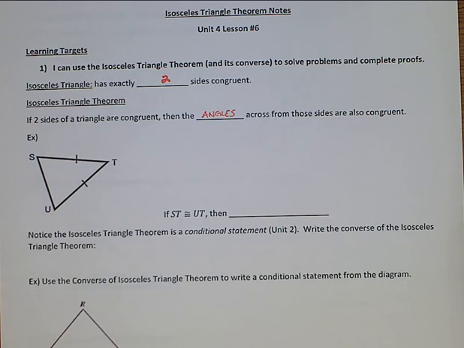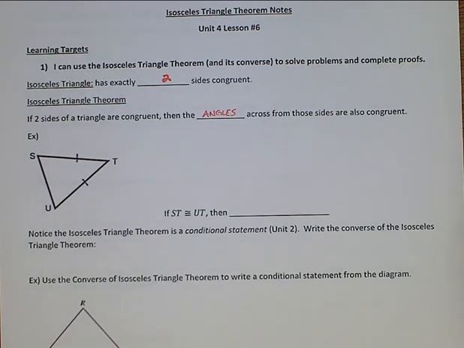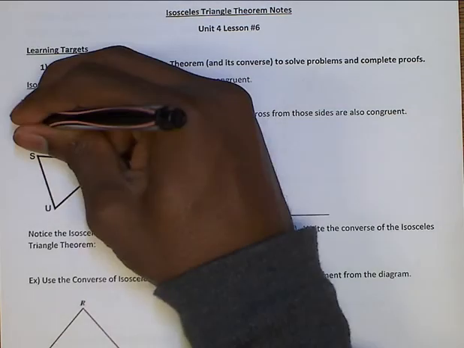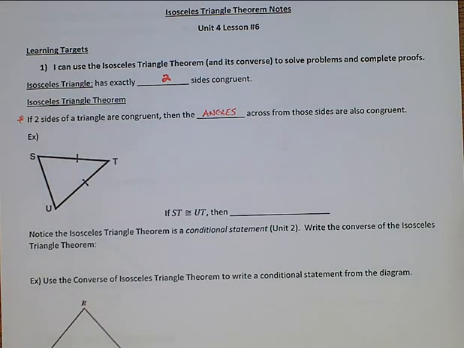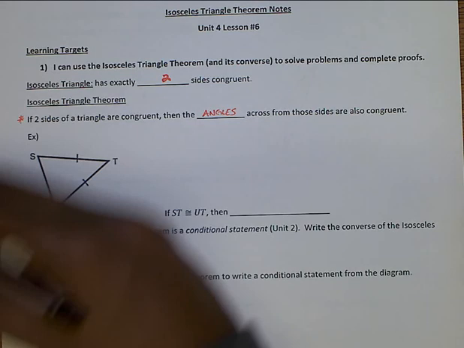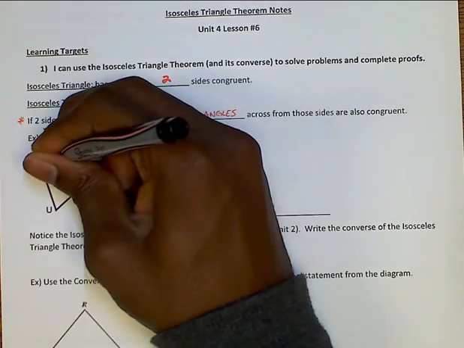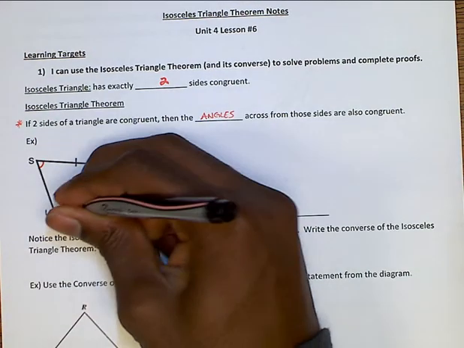Since these two sides are congruent, using our isosceles triangle theorem, this is the theorem, we can say that because those two are congruent, the angles opposite the congruent sides should be congruent as well.